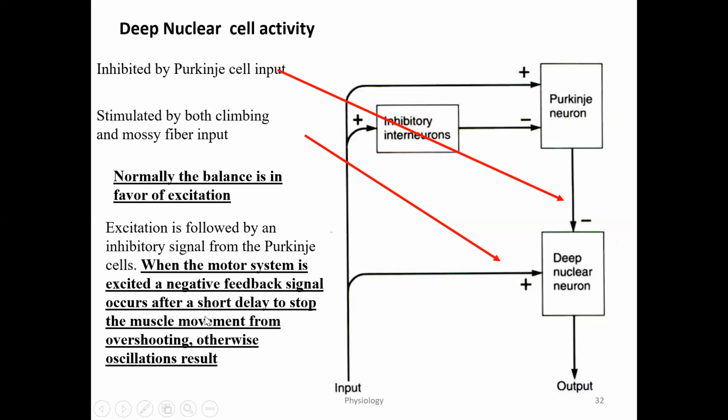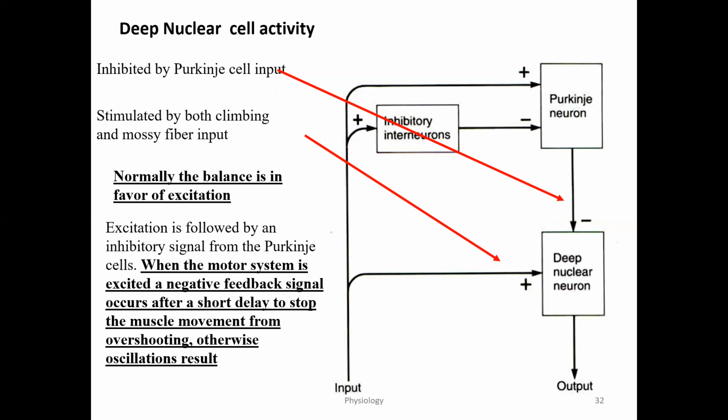Now, what is overshooting? For example, we hold the person's forearm and ask the person to flex the elbow against resistance. Then you suddenly remove your resistance. In a normal person, the arm will stop because of the control of the cerebellum.